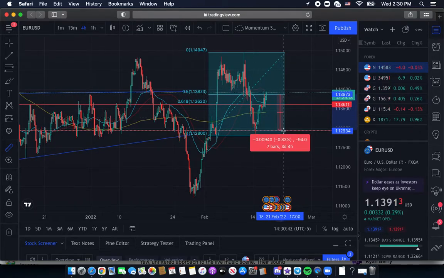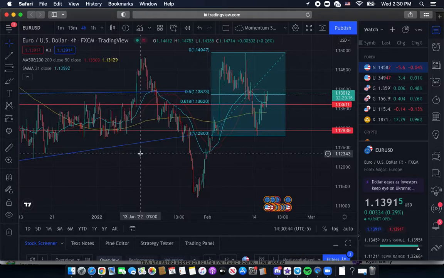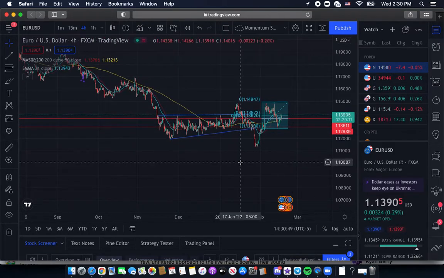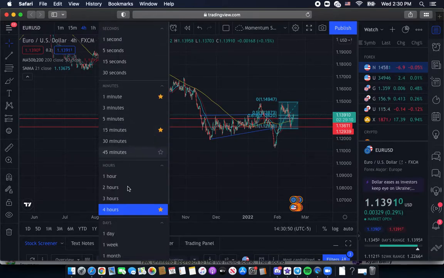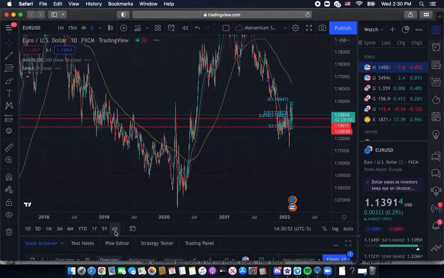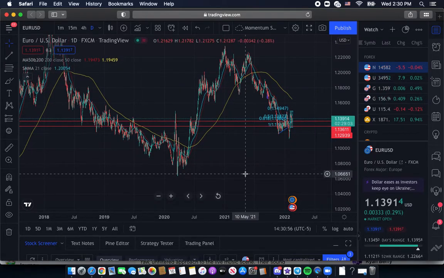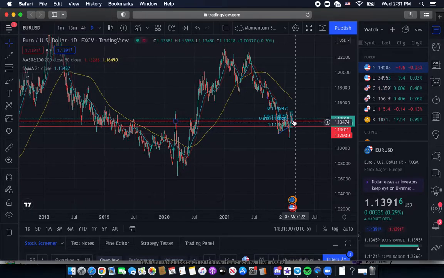For 90 pips. Incredible. And then my long-term analysis has been saying that we're going to see Euro come way, way down to this previous level here. That's where I'm at long-term bias-wise. Say we grab that point right there.